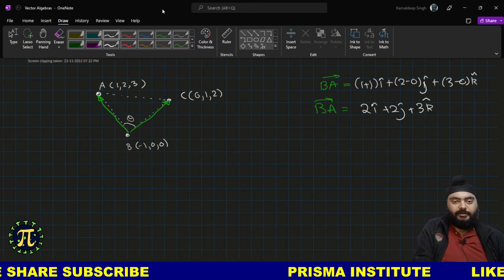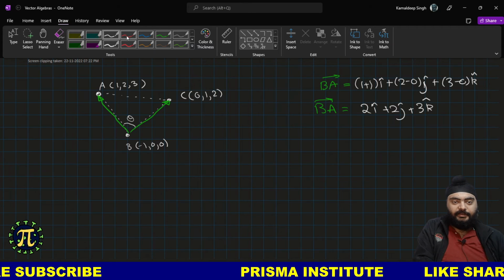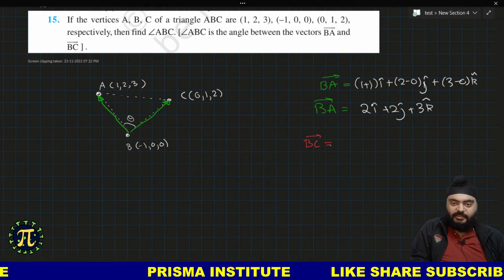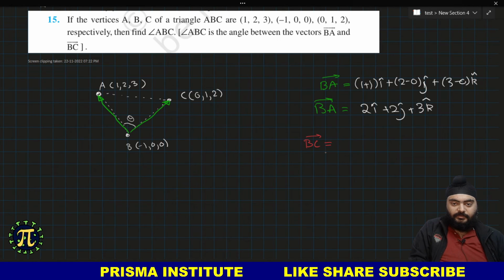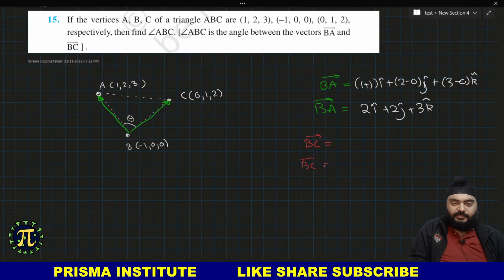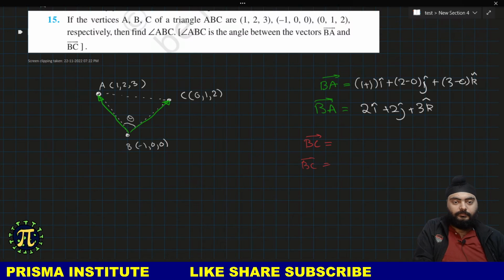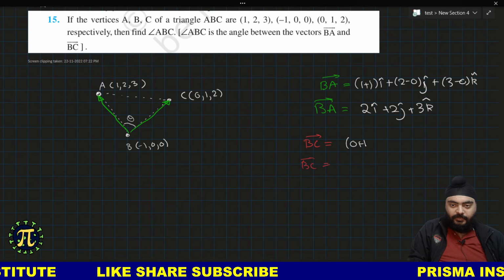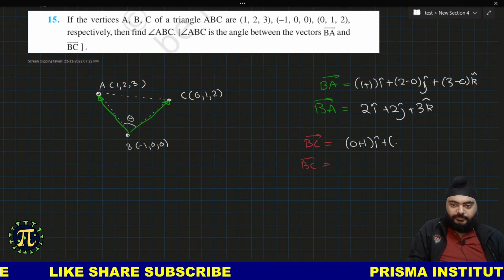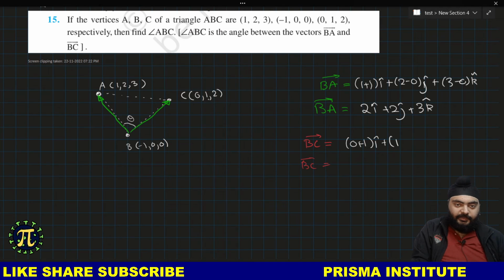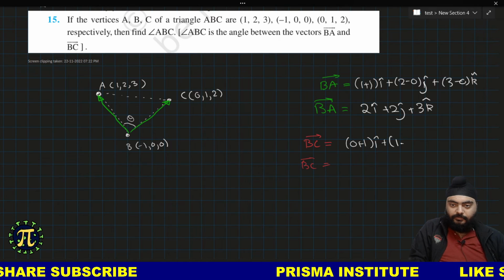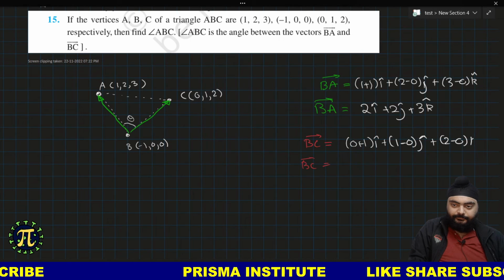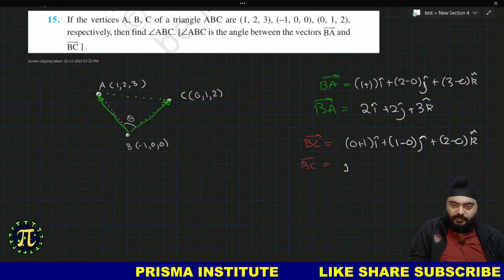Now I will calculate BC vector. So BC vector, final point is C. So this is, let's see, 0 + 1 I cap plus 1, Y coordinate 1 है, फाइनल इनिशियल क्या है 0, J cap plus 2 - 0 K cap, and this is I cap.